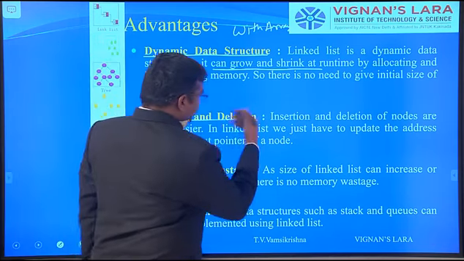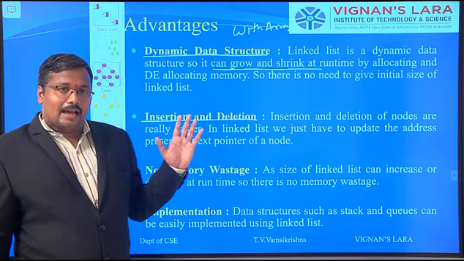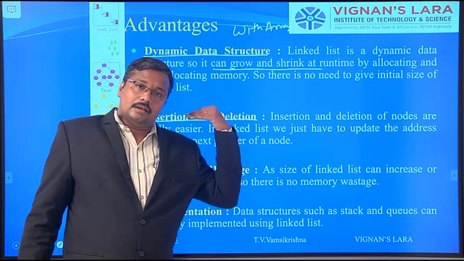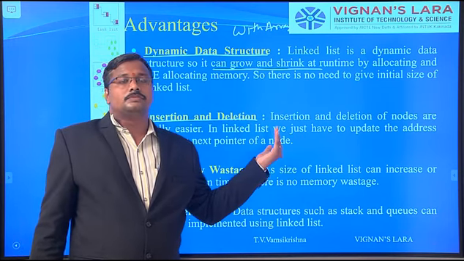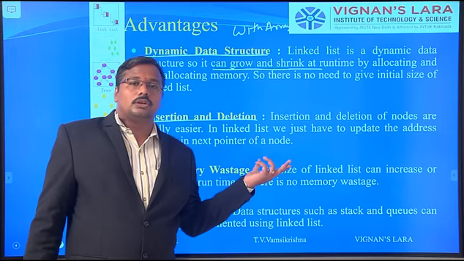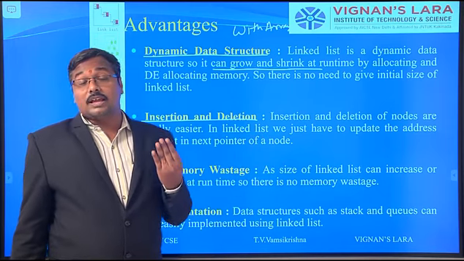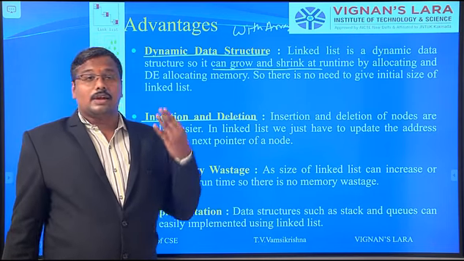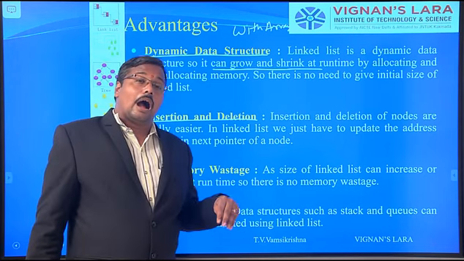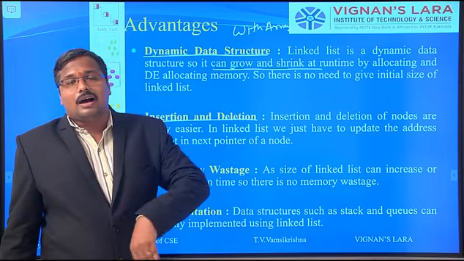The next point is insertion and deletion. In arrays, insertion is always done at the last position only, at the next position after the last element. But in a linked list, four types of insertions are possible. You can insert at the starting position, the ending position, or at a given position, before the node or after the node.